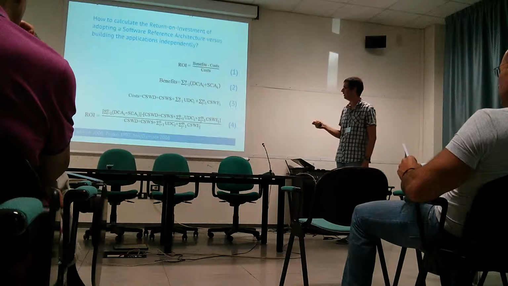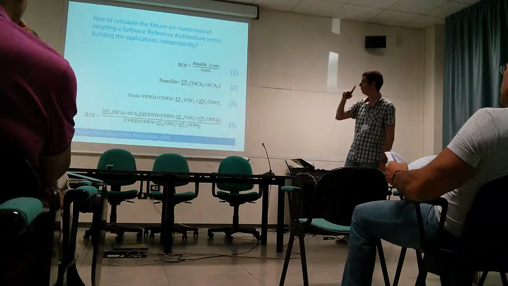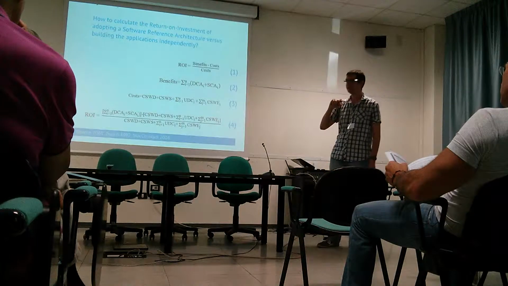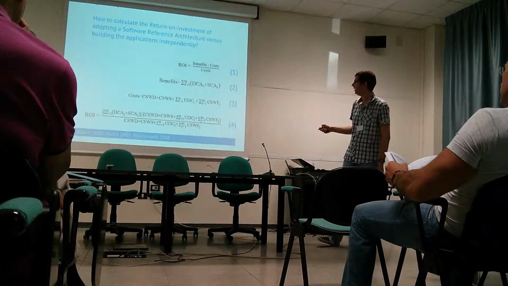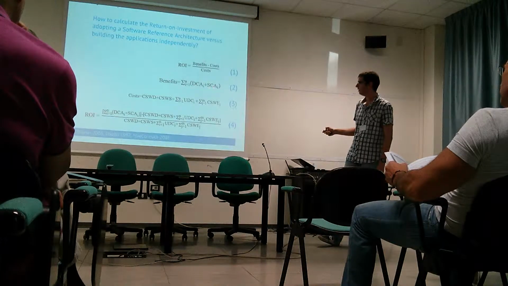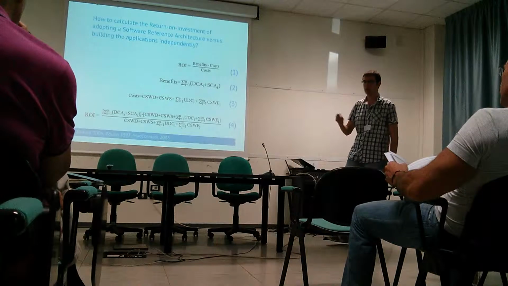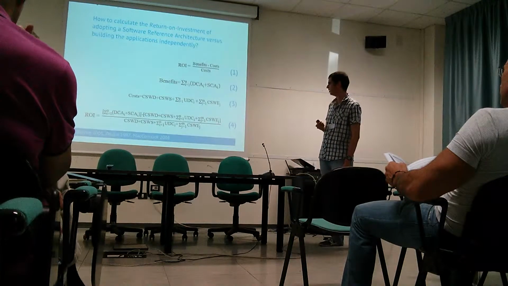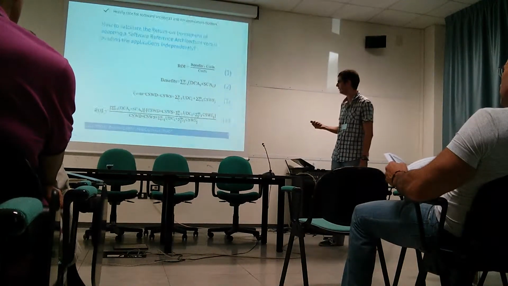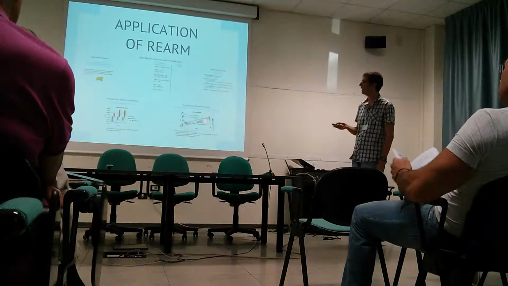We took this formula from Boehm to compute the return on investment, and then we use our benefit factors and cost factors to calculate the return on investment. So let's see how all this has been applied in the application of REARM.